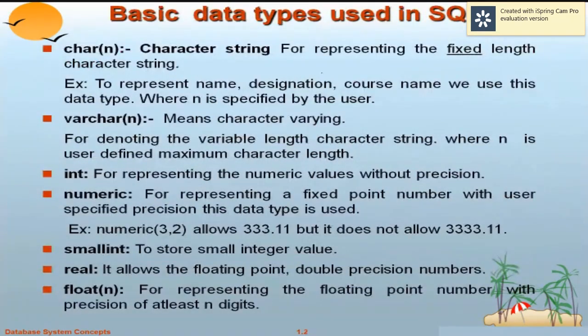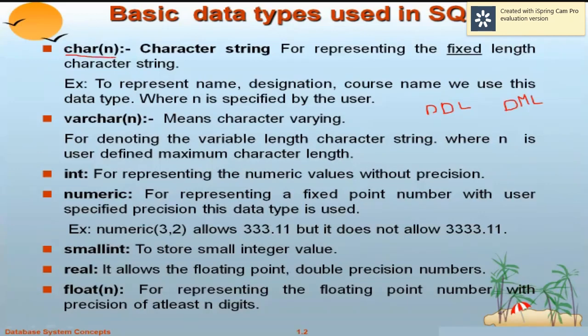Before getting into the details of DDL and DML, we'll first look into the different types of data in SQL. Different types of data means data types, like we have studied in C, C++, Java and so on. Most of the data types would be matching over here also.